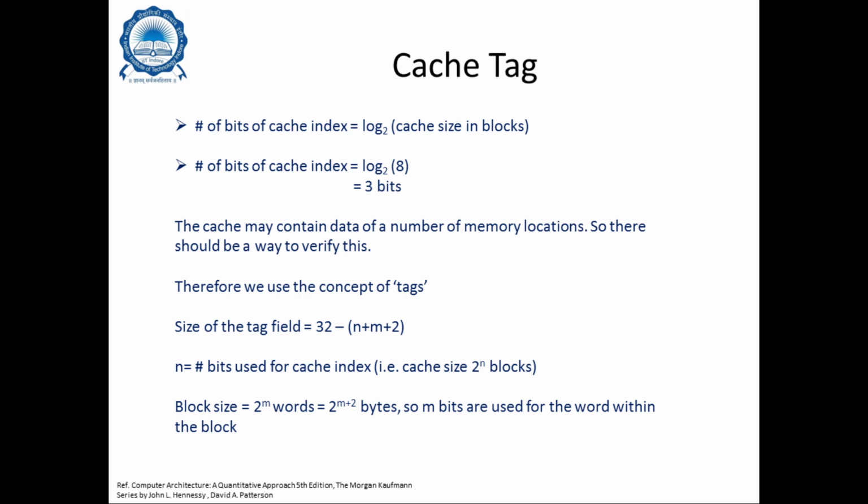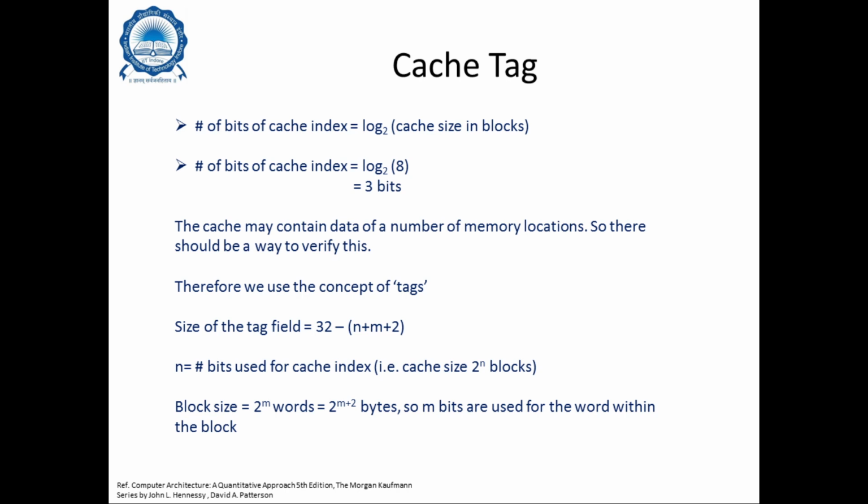The size of the tag field in terms of bits is given as 32 minus (n plus m plus 2), where n represents the number of bits used for the cache index, because the cache size is always 2 to the power n blocks; the number of entries in the cache will always be a power of 2.